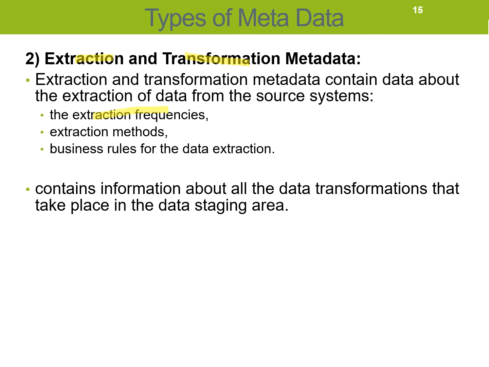After how much time are you extracting data from the source system? Either you are extracting on a monthly basis, or after 15 days. What is the extraction frequency, how many records are you extracting, what methods have you used for extraction, and for extracting some particular data, what business rules did you apply? All this information will be saved in the extraction and transformation metadata.